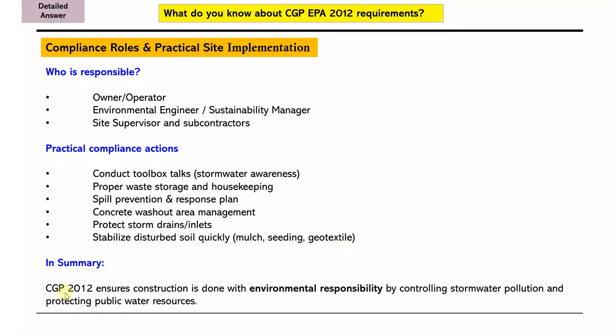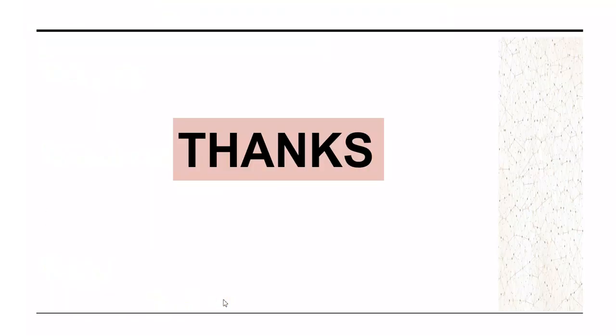In summary, CGP 2012 ensures construction is done responsibly by controlling stormwater pollution and protecting public water resources. This is all about CGP requirements. If the interviewer asks you what the CGP requirements are, remember that as a sustainability engineer or manager, CGP requirements are very important to follow.